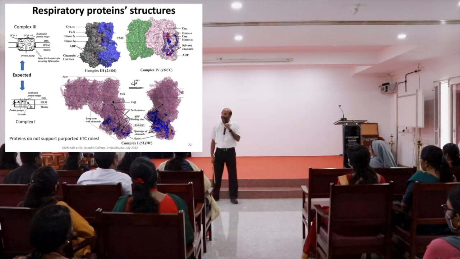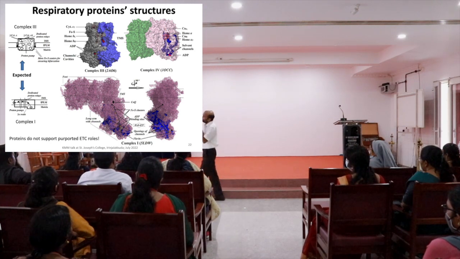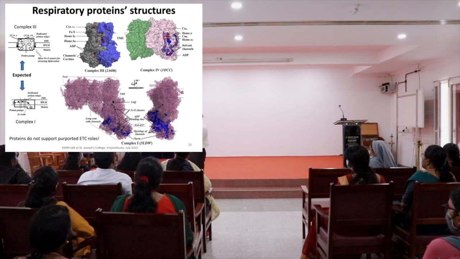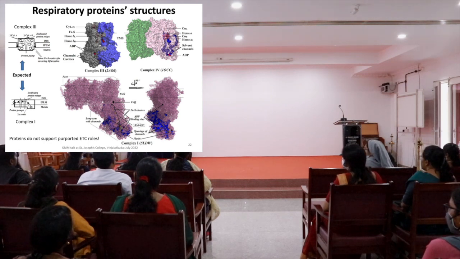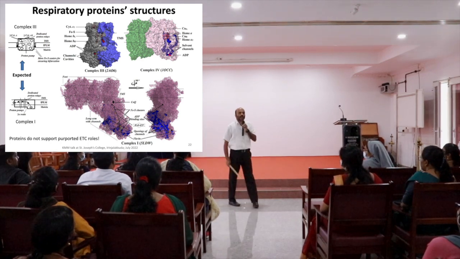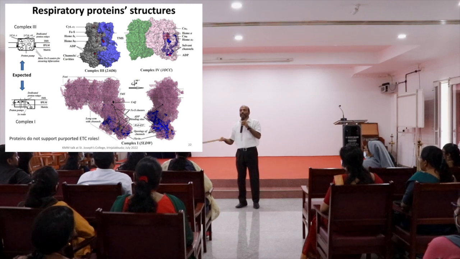So this is a simple model. Now how do you explain the protein structures? You see, this is complex 3, this is complex 4, this is complex 1. In the classical model, there is no role at all for this. So the structure should have been like that. Complex 1 need not have such huge matrix-ward protruding arms which can produce reactive oxygen species.